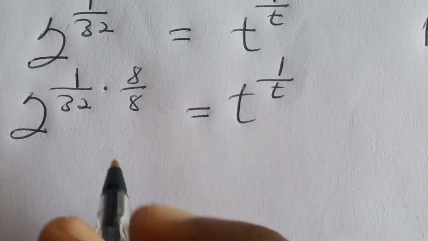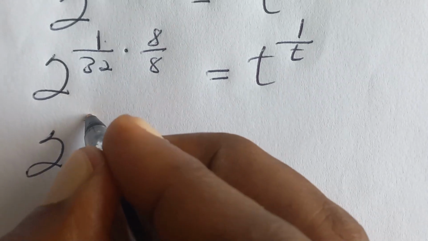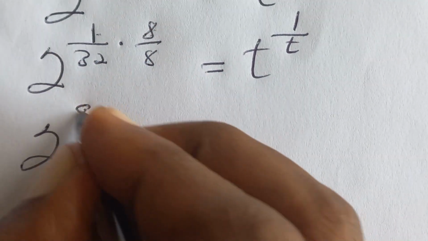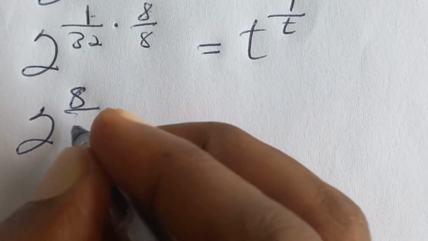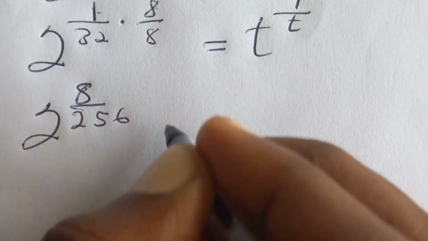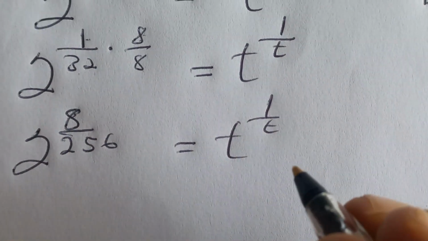Okay, so from here, you say that 2 exponent, this one needs to be 1 times 8, which is 8, on 32 times 8 is 256. Is equal to t exponent 1 on t.